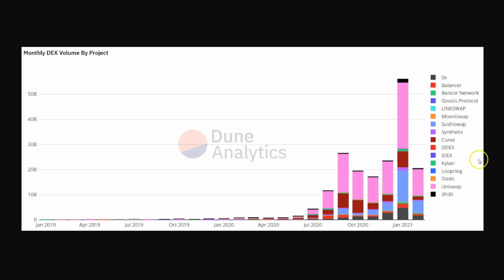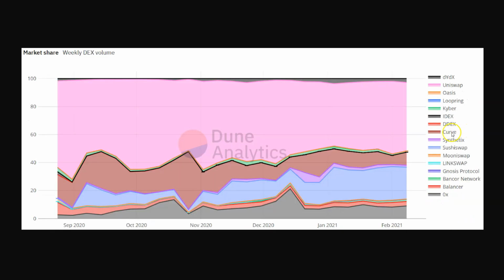You're probably not going to see Curve's volume ever eclipse any of the other DEXs, but at the same time, it's still a service that's highly valuable with a niche focus. And if we look at the market share, Curve in the again, maroon or brown, whatever you want to think of this as, is still quite a big slice of the total market share.